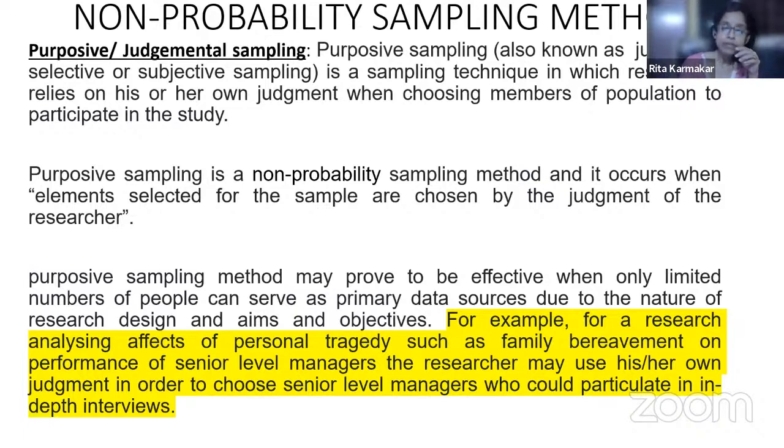If you are analyzing their state of mind, then definitely you will not be choosing randomly those who do not have that much family personal tragedy. You will be selecting only those people having certain personal tragedy.